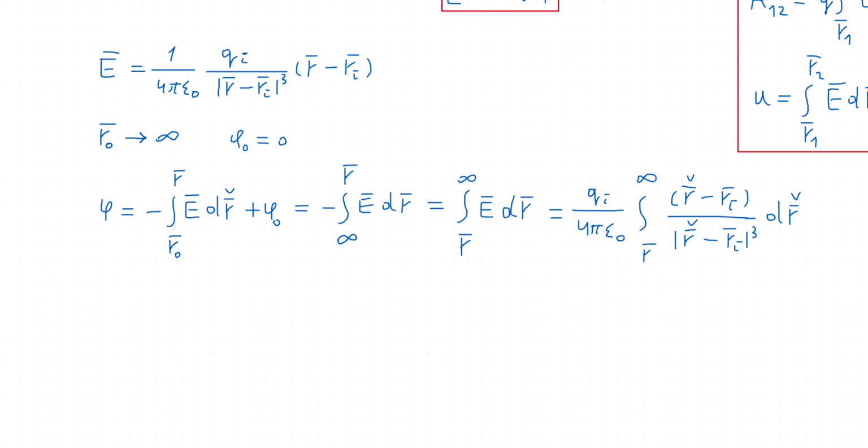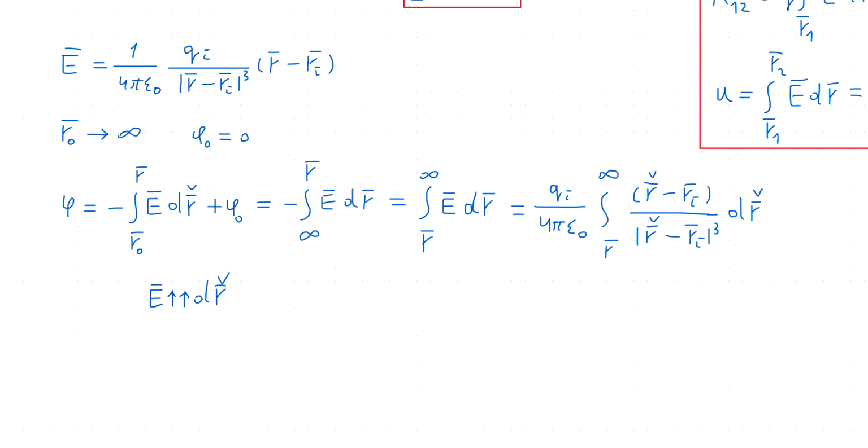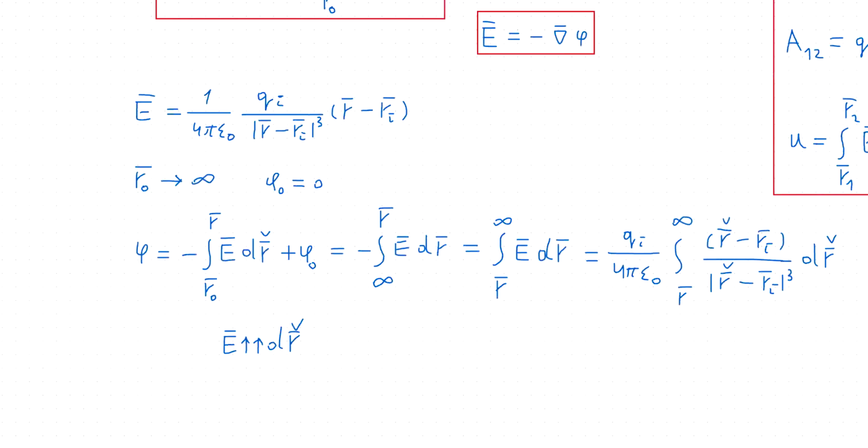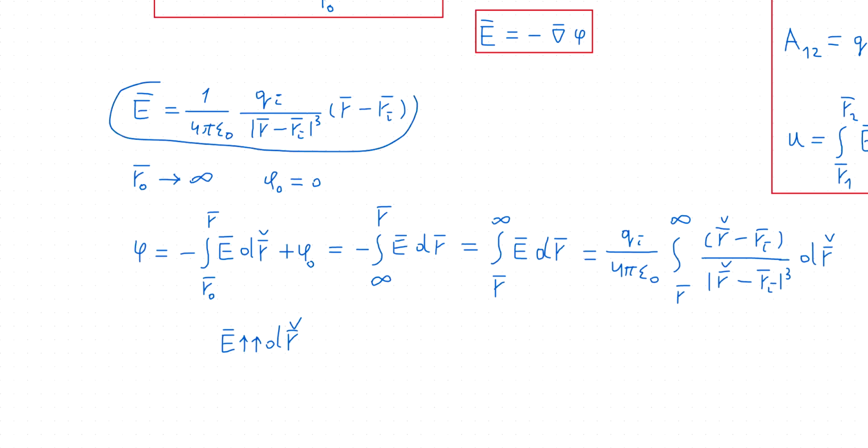Let's choose a path that meets the next condition: E has the same direction as dr. According to this formula, the electric field intensity vector E has the same direction as this vector.